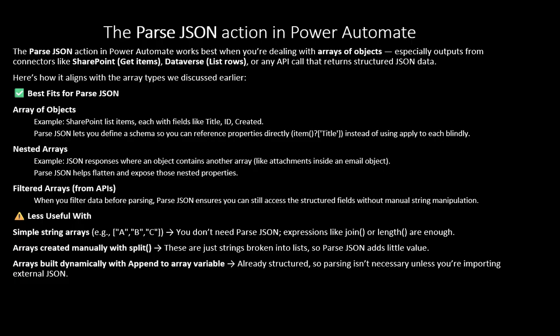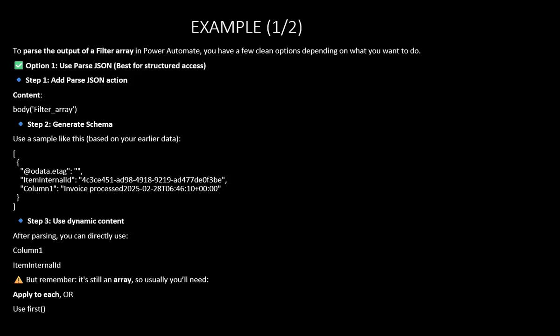Now coming to parse JSON, this is a way you can extract the values of JSON. Using parse JSON we can extract the value very nicely. So this is how you use it: add the parse JSON action, then generate a schema, and then use dynamic content.